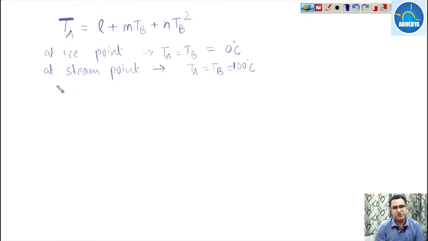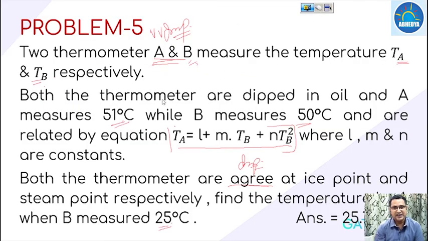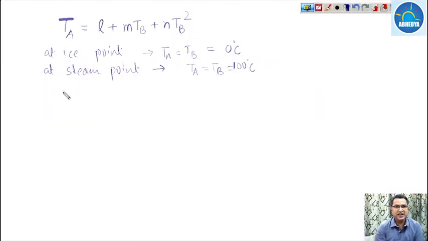One more condition is given, that when TA measures 51 degree centigrade, then TB measures 50 degree centigrade. So when TA is equal to 51 degree centigrade, TB at that point is equal to 50 degree centigrade.